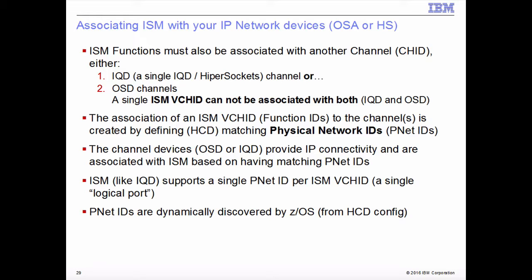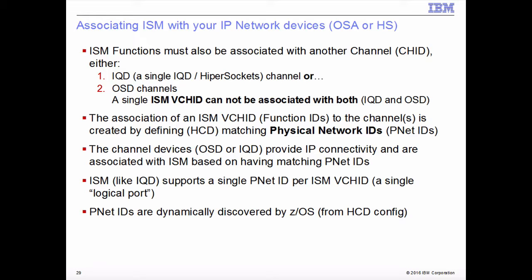The channel devices, OSD or IQD, provide your IP connectivity. You wouldn't change any of that, your IP addresses or your definitions for those devices. But what I do need you to add is a PNet ID, just like you did for Rocky, on your OSA or HiperSocket. So if I want to associate with an ISM CHID, I would give it the same PNet ID for that ISM channel.